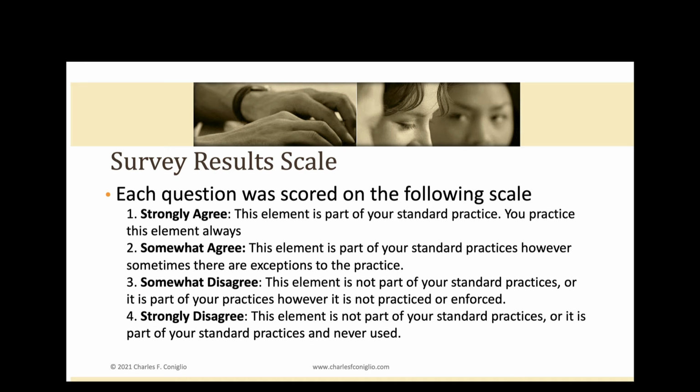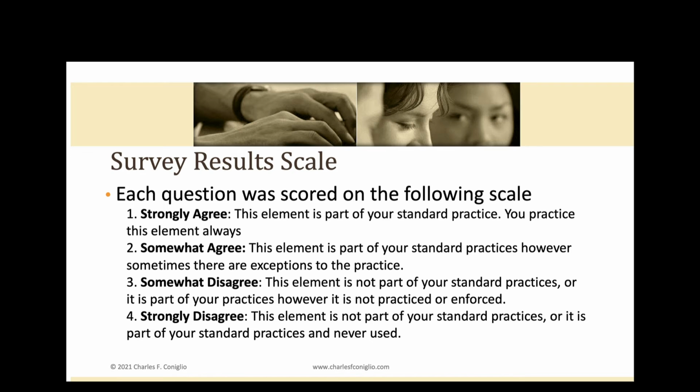So now that we know what the best practices are, let's talk a little bit about the survey results that I got. Each question that we asked was scored on the following scale. 1 was strongly agree, 2 was somewhat agree, 3 was somewhat disagree, and 4 was strongly disagree. Each of the survey questions were scored by HR or management personnel according to this scale.